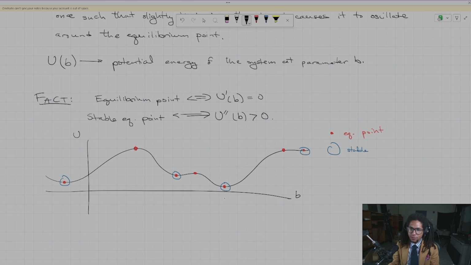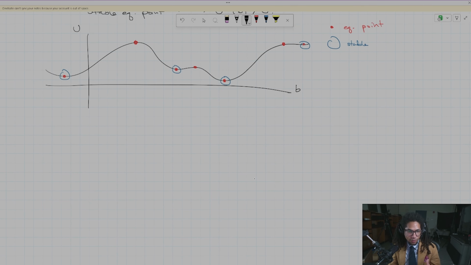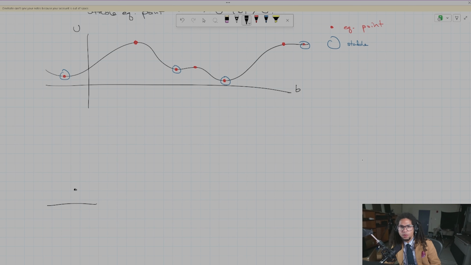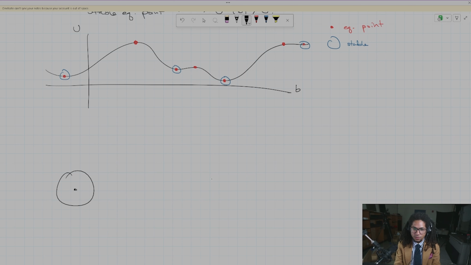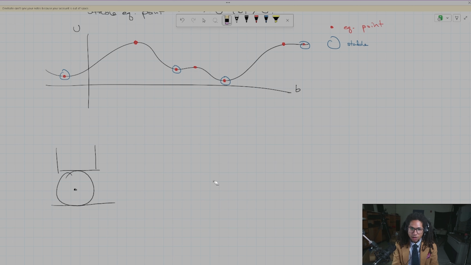Okay, let's deal with one more example, and then we'll get back to the light board. So we're going to have a cylinder which is fixed on the ground, and a cubic object on top of it.